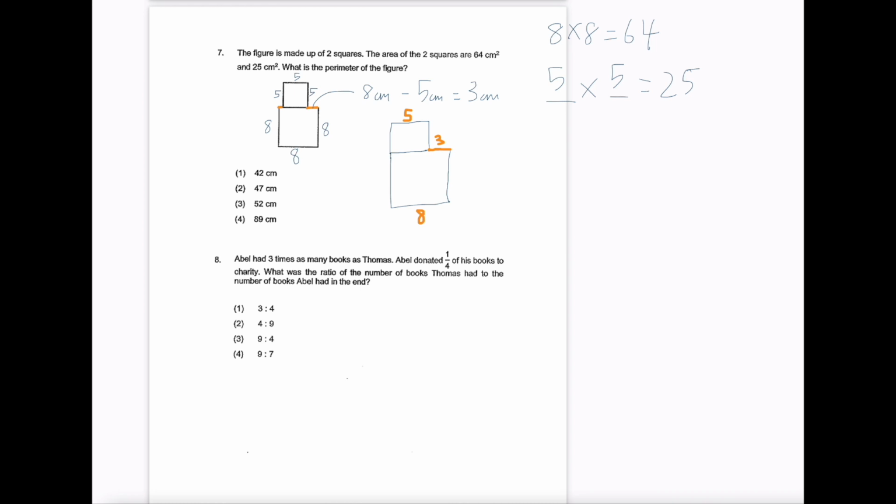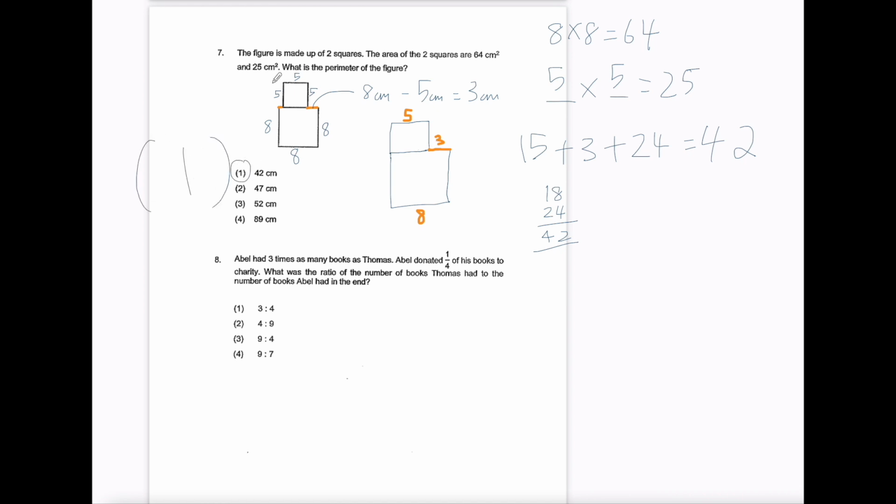So let's calculate the perimeter together now. We have 5, 5, 5, so 15, plus the orange part is 3, plus 8, 8, 8. 8, 8, 8 is 3 times 8, which is 24. So 15 plus 3 is 18, 18 plus 24 is 42. So question 7, my answer will be number 1.